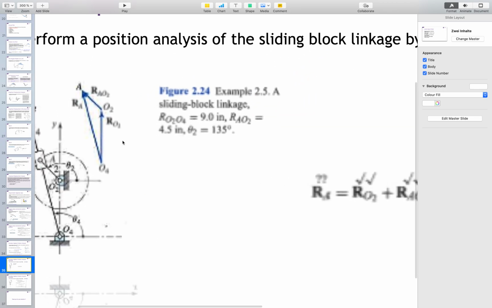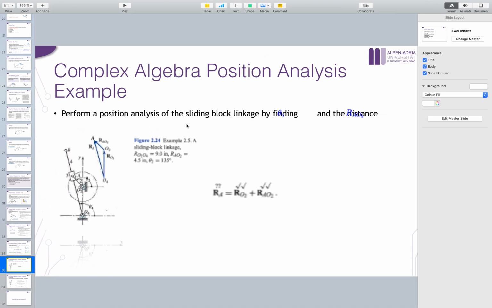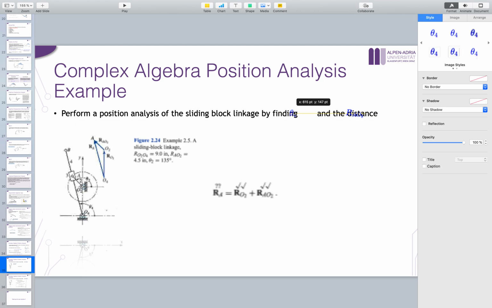Now we do have triangles here. We can also apply trigonometric laws if possible, but it's also an example of how I can apply the complex algebra, for linear displacement. So basically, as we will see in the velocity and the acceleration analysis, the complex form makes things much easier.